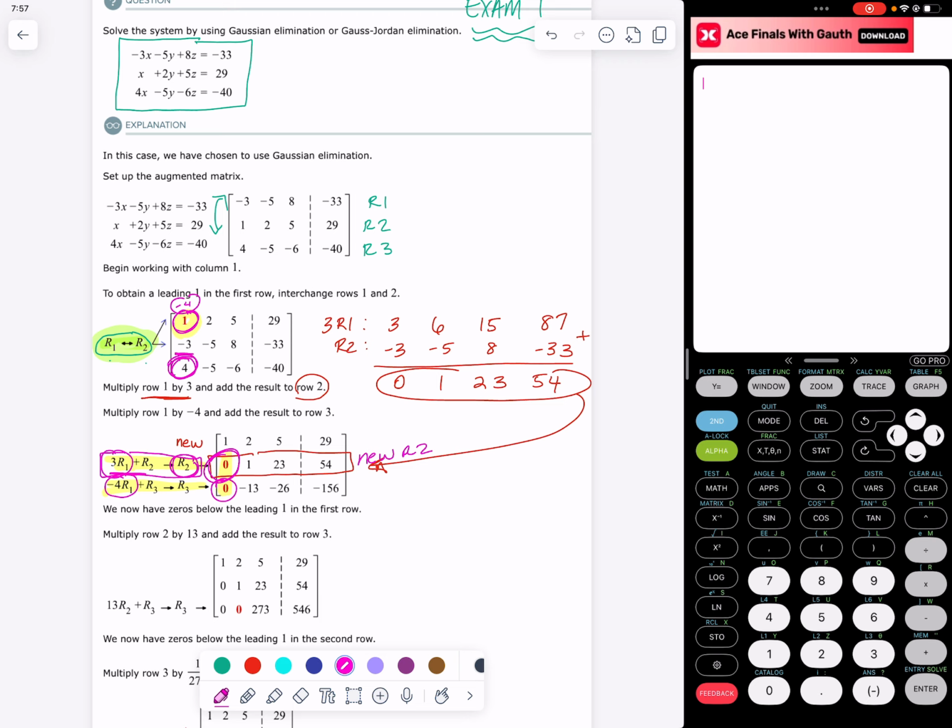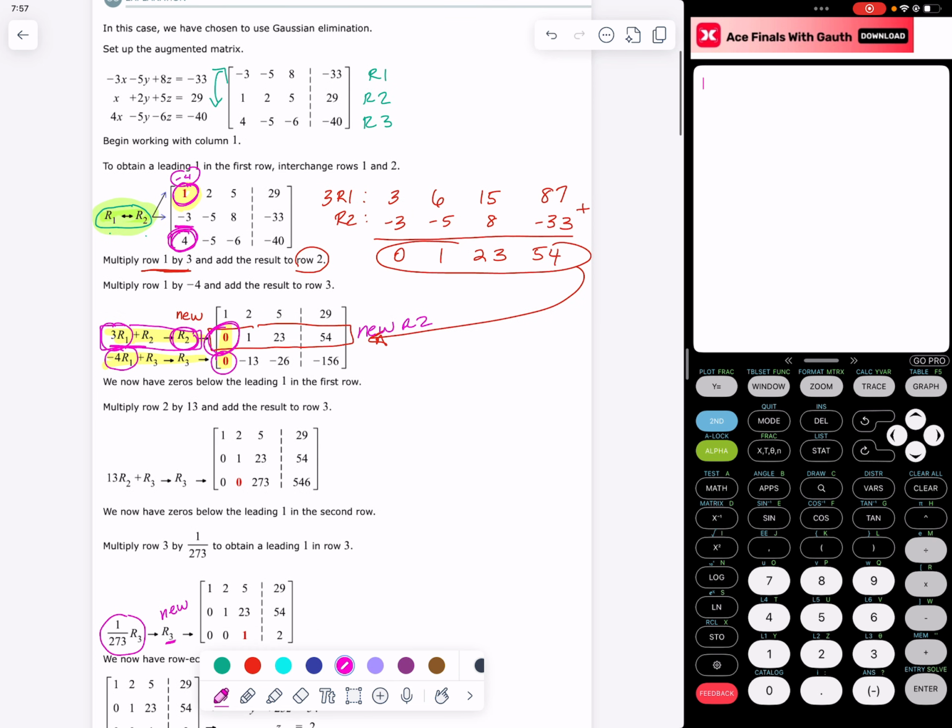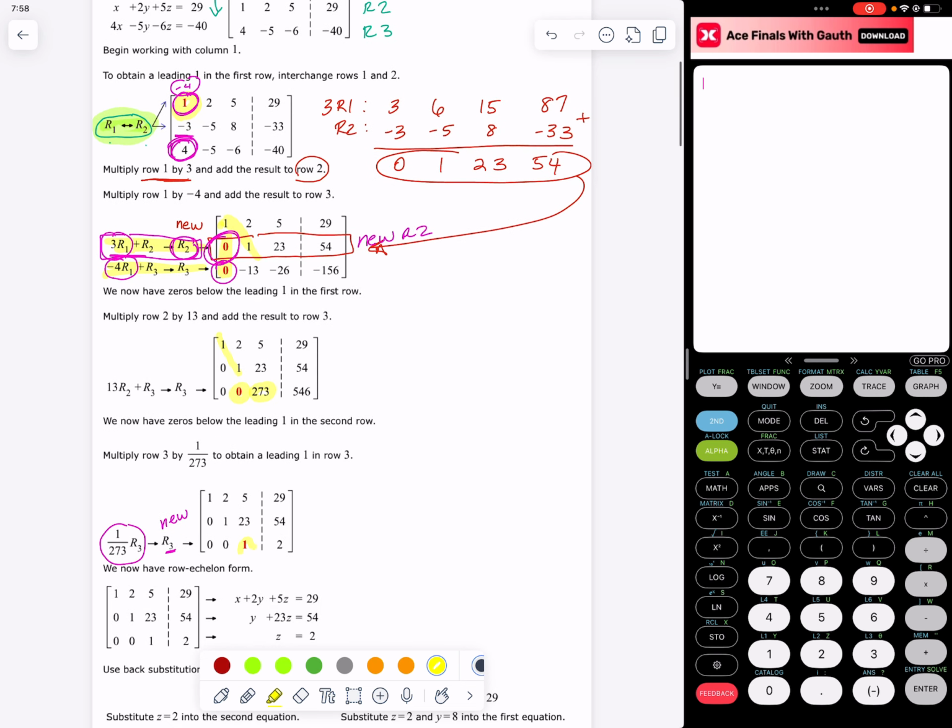And then you start moving over and you start getting ones on the diagonal. Now we already had those ones, and then you move to a 0 below. Then you're going to want to make this 273 a 1. Again, you use the previous rows to get that.